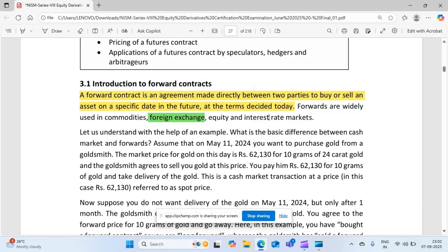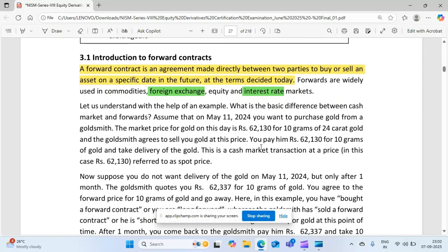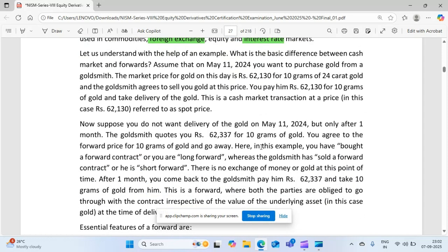Equity transactions are not common as far as forward contracts are concerned. In commodities, of course, you have a good number of forward contracts, but still, foreign exchange and interest rate markets will top the list.